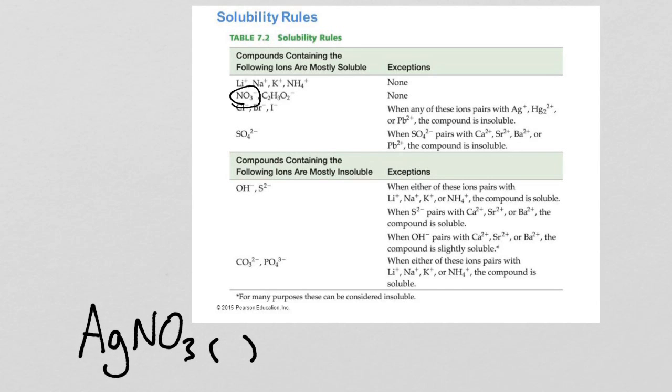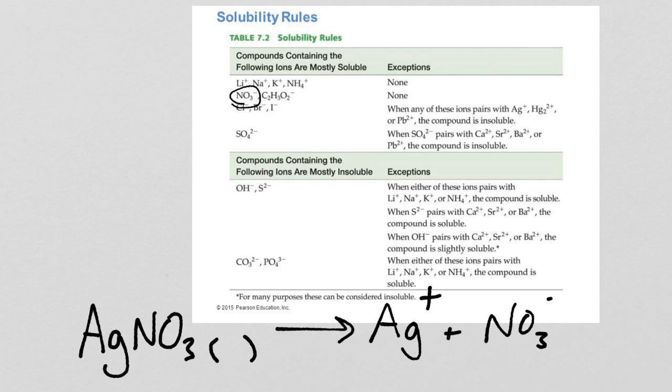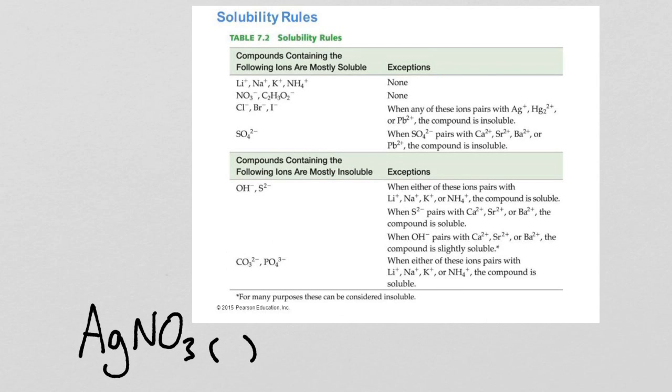That means this molecule will break apart into Ag plus and NO3 minus in water. And that's what soluble means. We're just talking about whether or not a compound is going to turn into its ions in water. So since we see that AgNO3 is going to be soluble, then we'll put AQ there.